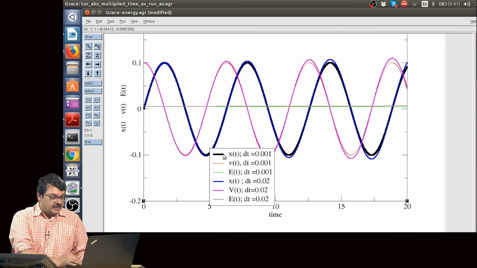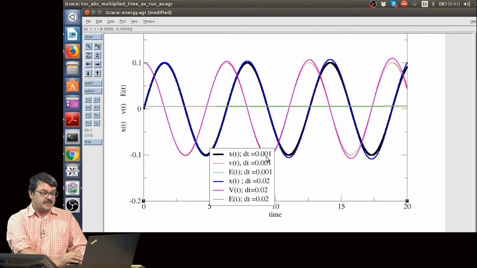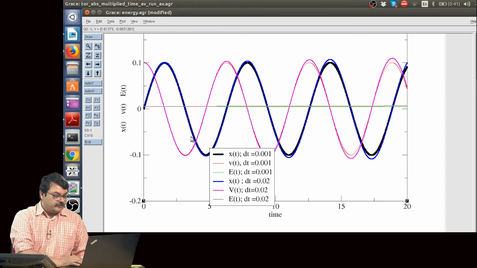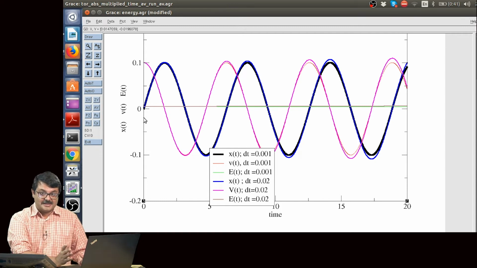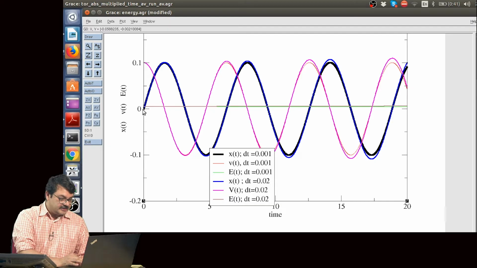Now, this black curve is the Euler method with dt, the integration constant, or h if you like, equal to 0.001. And what do you see? If the position was 0 at time t equal to 0, position is 0 here, and this is the black curve.